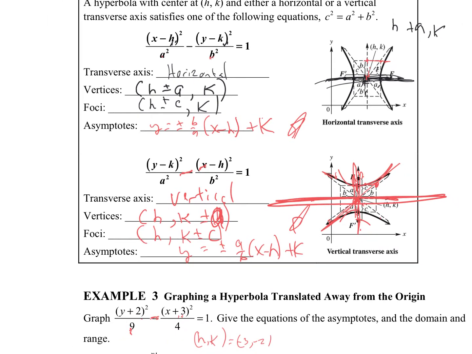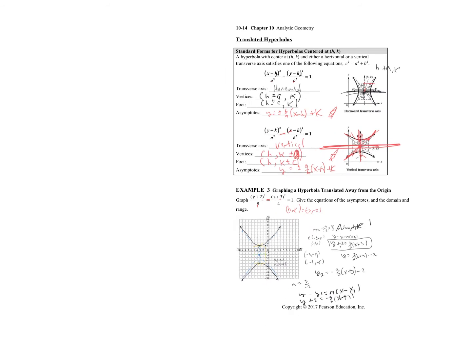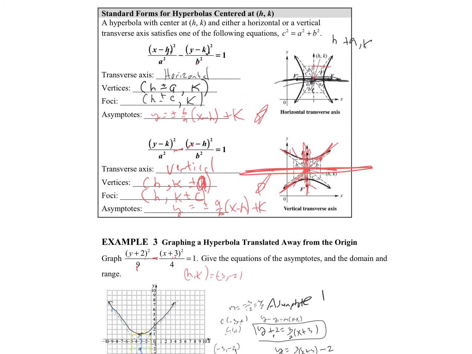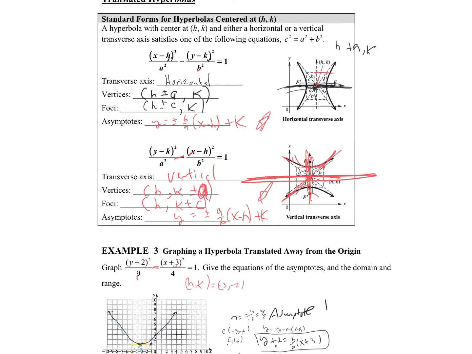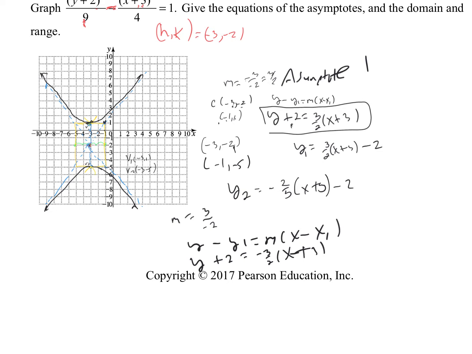Let me go look at what the PowerPoint put. I thought that's what's supposed to be? I'll be right back. Never mind, I was right. It's when you switch it to the vertical hyperbola or the horizontal hyperbola. So for this problem, it's one hyperbola, so I keep the same slope: 3/2 and a negative 3/2.